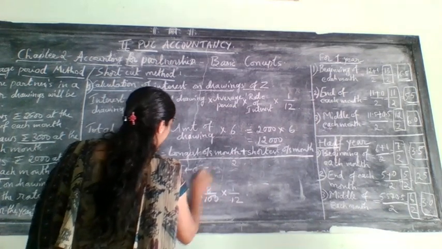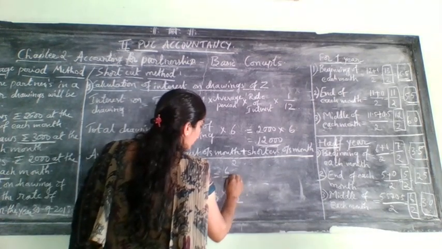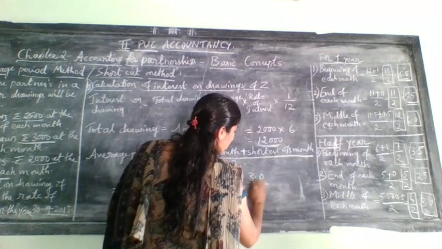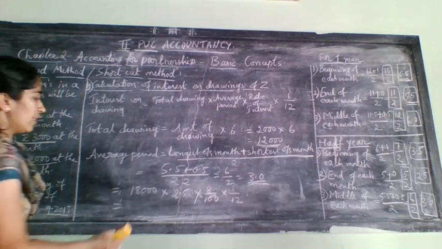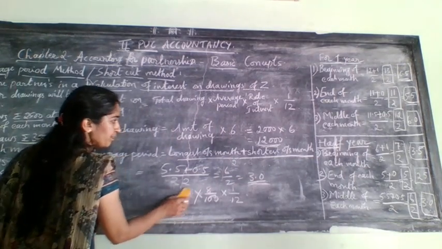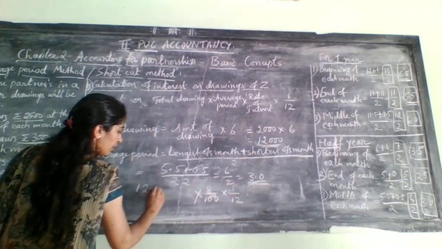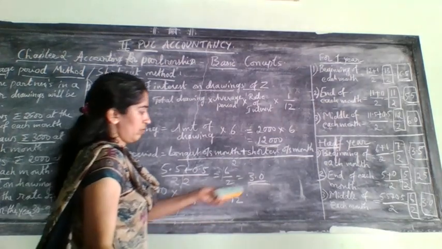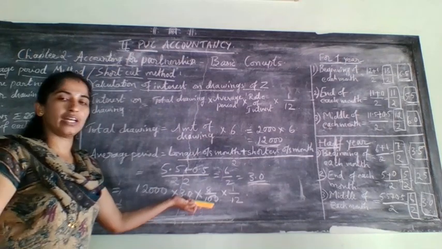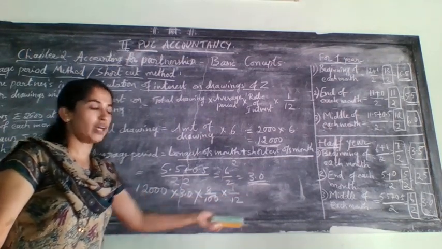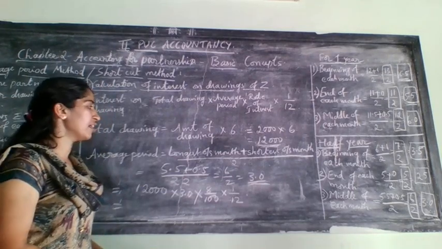It will come 6 by 2, that means 3. So here you need to consider it as 3. Now apply the values: total drawing 12,000 into average period 3.0 into 8 by 100 into 1 by 12. Calculate in your calculator and write the answer.